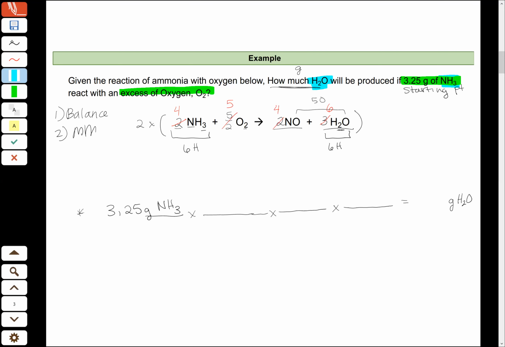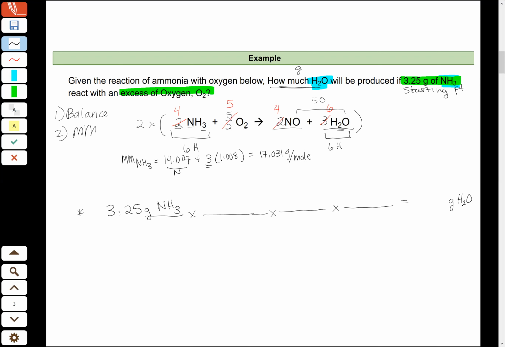So calculating those, my molar mass of NH3 is going to be equal to the molar mass of my nitrogen, so here's nitrogen, plus the molar mass of my hydrogen times the number of hydrogen atoms I have, which is 3. If I add that up, I'm going to get a molar mass of 17.031 grams per mole.